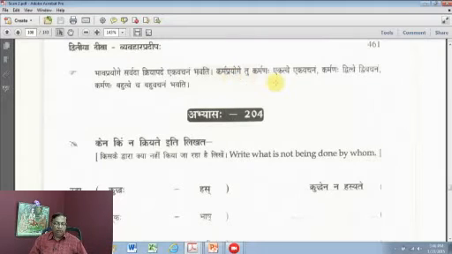Karma prayoge tu karmanaha ekatve ekavachanam, karmanaha dvitve dvivachanam, karmanaha bahutve cha bahuvachanam bhavati. Now we have already seen, in the passive construction, passive voice, the verb agrees with the object.